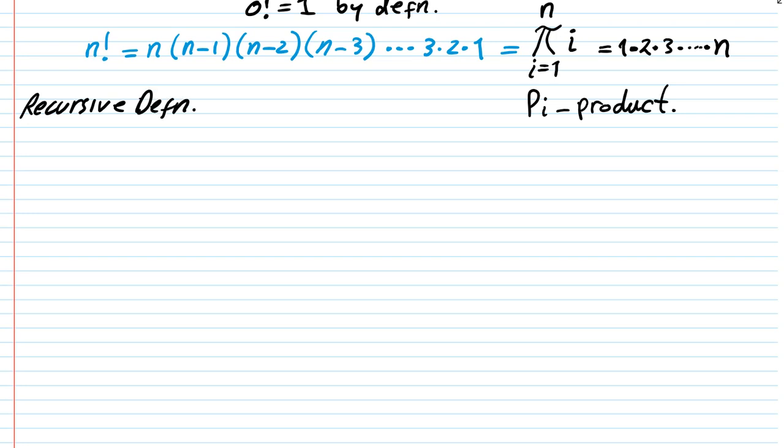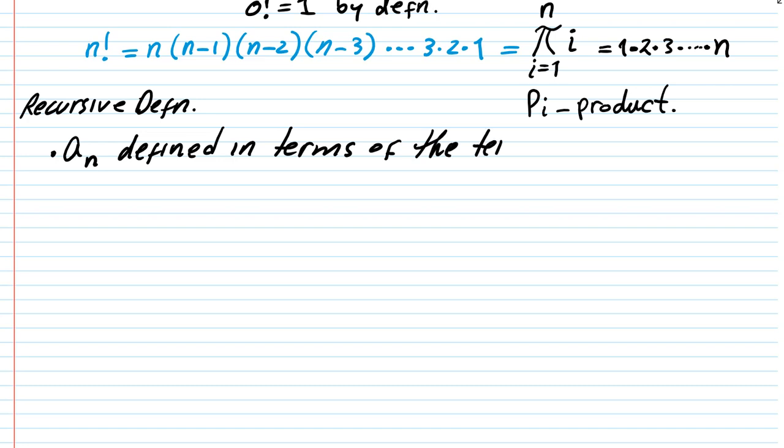This recursive definition is the second way of defining a sequence. Now, what is a recursive definition? In a recursive definition, the nth term, a sub n, is defined in terms of previous terms, the term or terms preceding it.